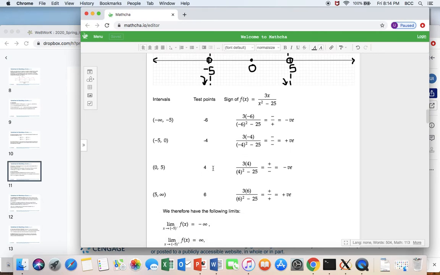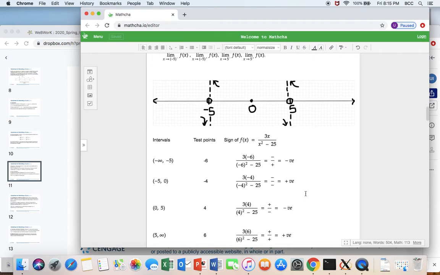Let's take 4. 3 times 4, upstairs is positive. Downstairs, 16 minus 25, again negative. Positive over negative, negative. 6, upstairs is positive. Downstairs, 36 minus 25, positive. Overall, positive. So this is very good.